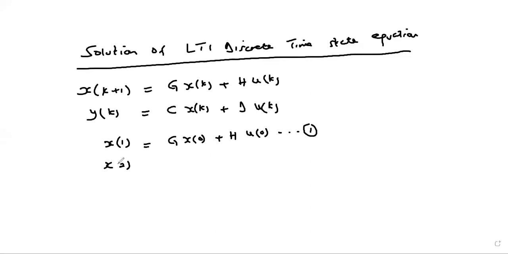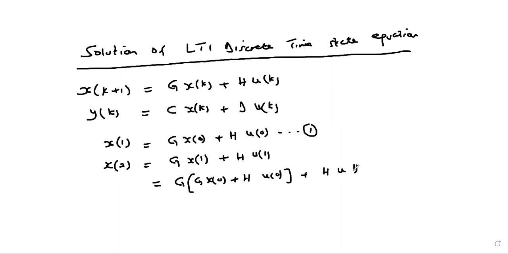We can take x of 2 to be equal to G x of 1 plus H u of 1, which is the same as G into x of 1, which can be written as G times G x of 0 plus H u of 0, and then plus H u of 1, which you can write as G squared x of 0 plus G H u of 0 plus H u of 1, which you can call equation 2.